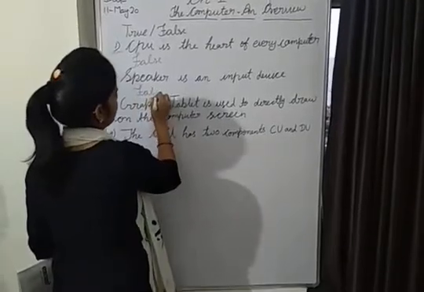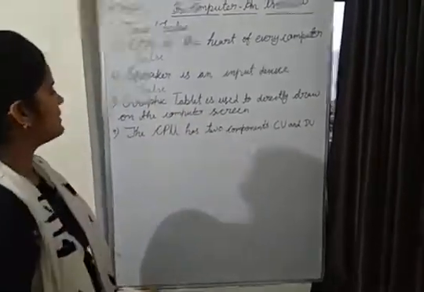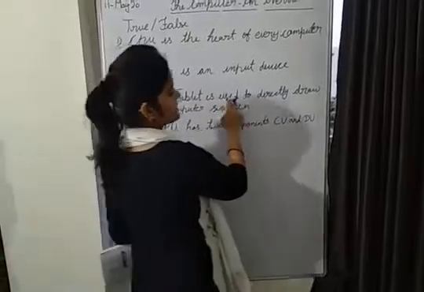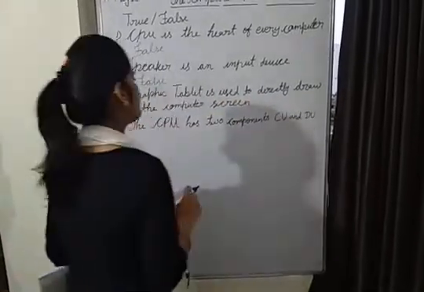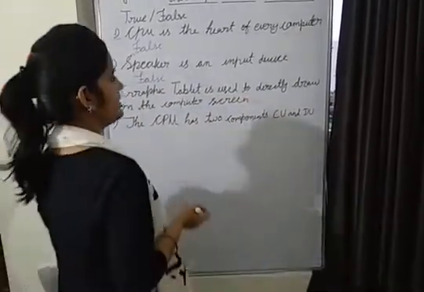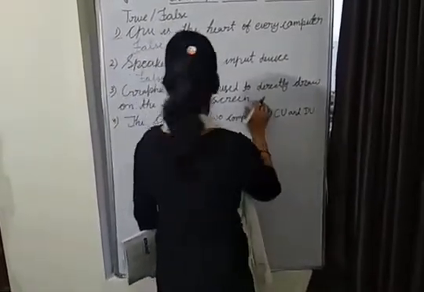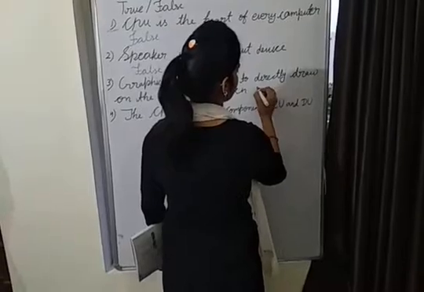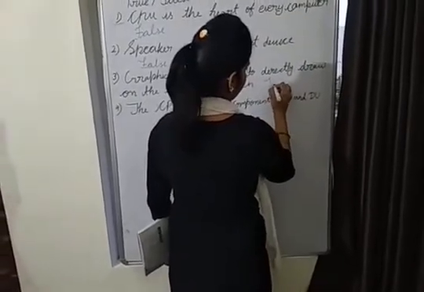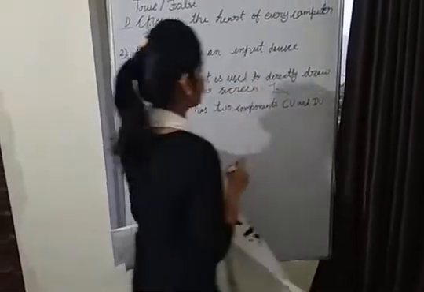Right here, false. Next one, graphic tablet is used to directly draw on the computer screen. Yes student, you can directly draw on the screen. Okay, so this statement is correct. True.